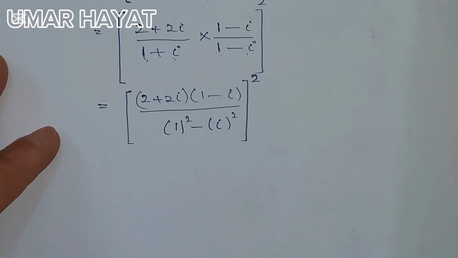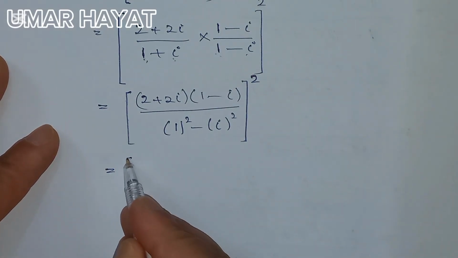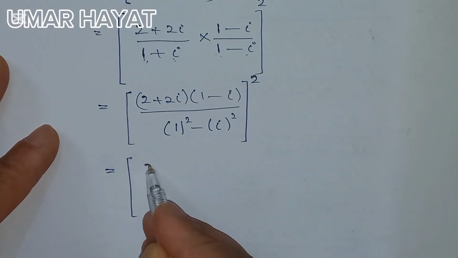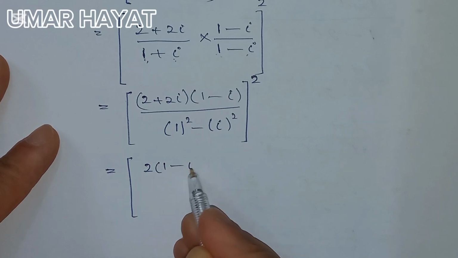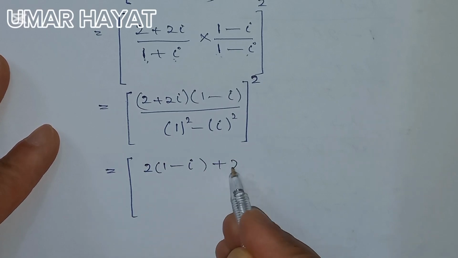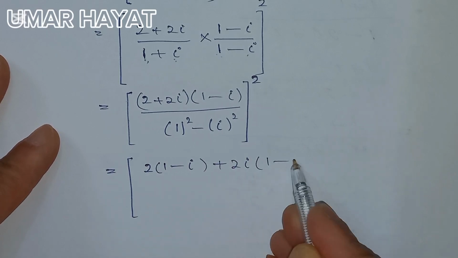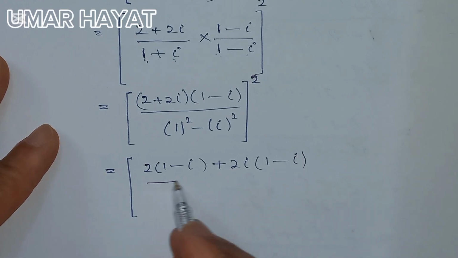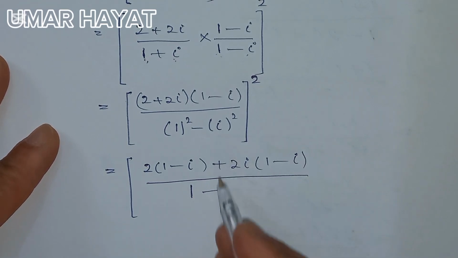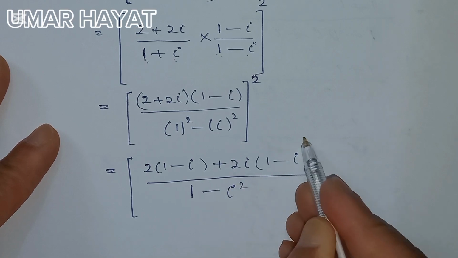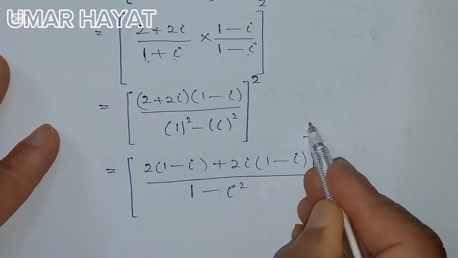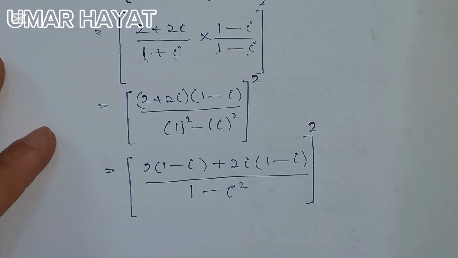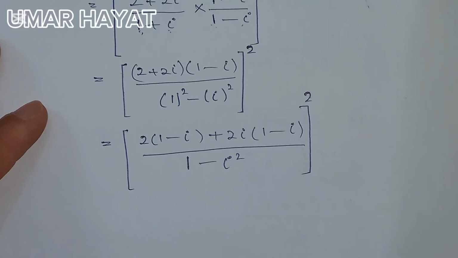Now the next step is we multiply 2 bracket 1 minus iota plus 2 iota bracket 1 minus iota, and in denominator square of 1 is 1 and square of iota is iota square, close the bracket and put here power 2.